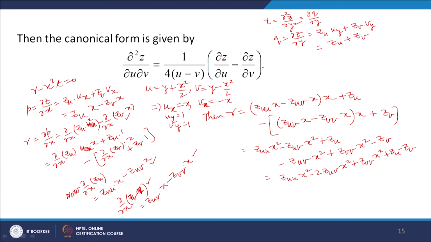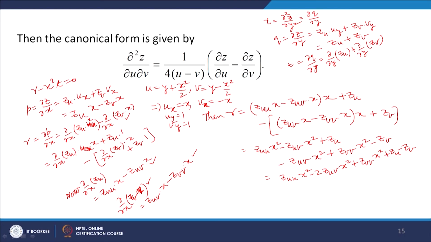Now, T is equal to delta over delta y of zu plus delta over delta y of zv. We have the value of delta z by delta y for any function z of u and v.